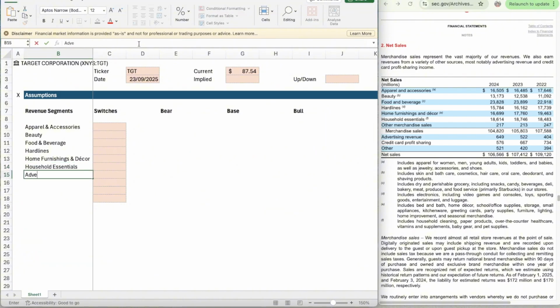We have advertising revenue. Advertising, we do need to put credit card profit sharing, and other. Oh, I missed out one. Other merchandise. Let's call that other merch.